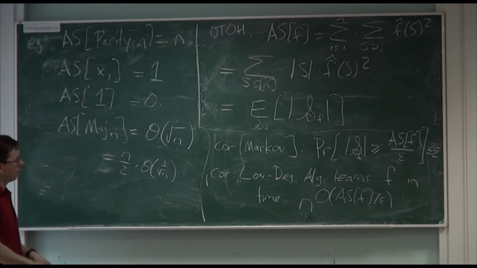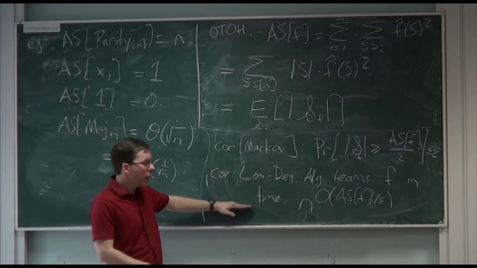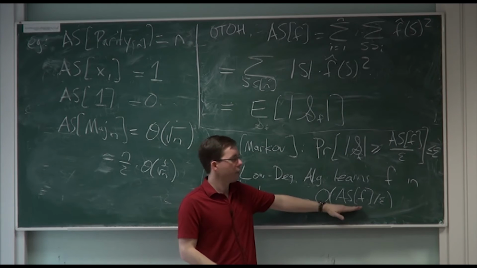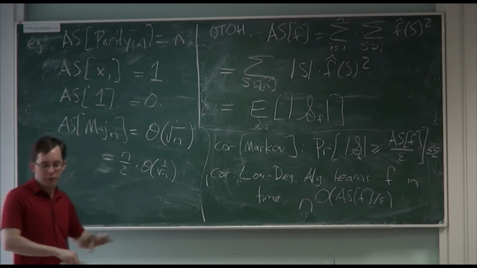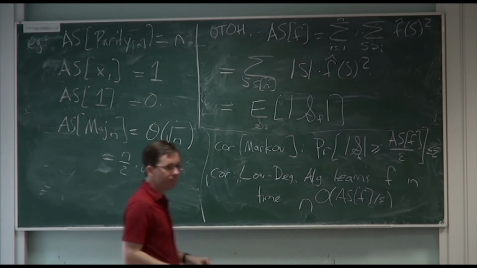Just imagine that epsilon is like 1% or something. Okay, so now we get a learning result just depending on some nice property of the function. It passed through Fourier analysis, but actually there's no Fourier analysis in the final statement.